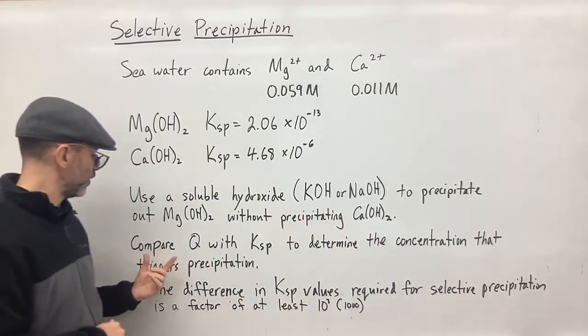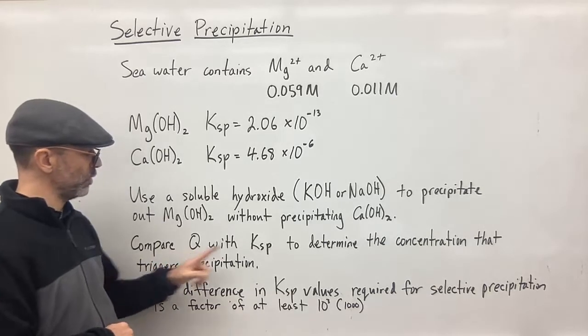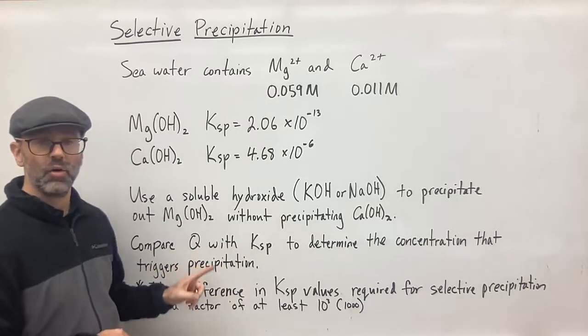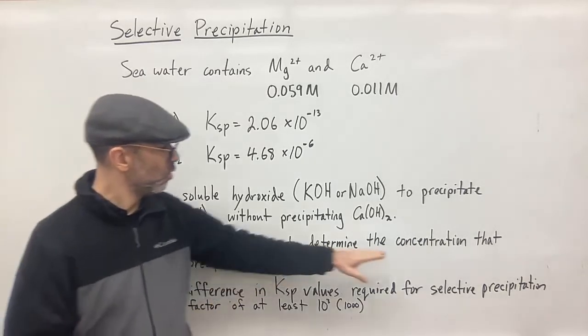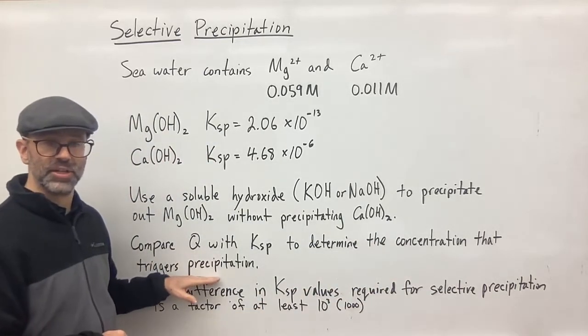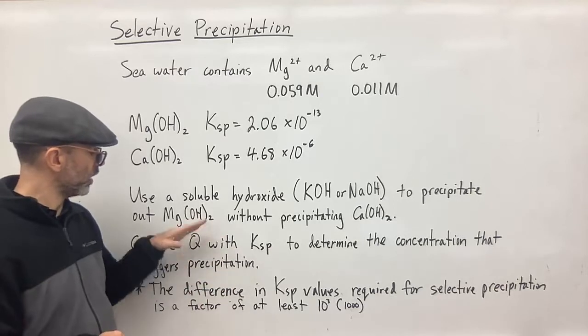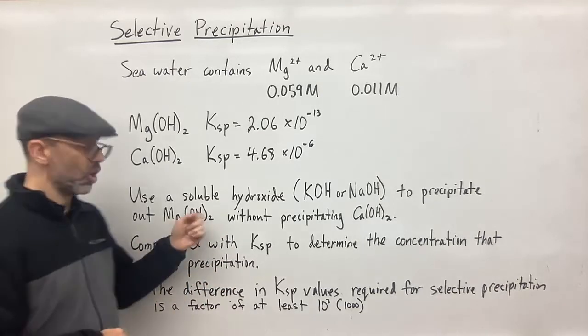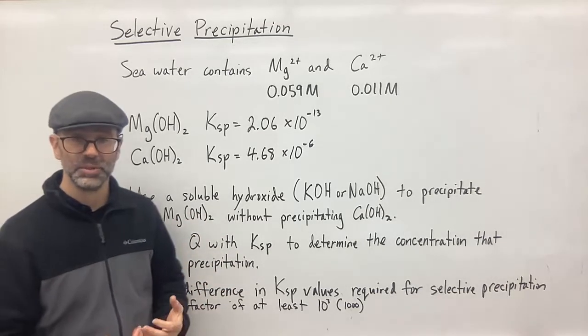And so what I want to do is compare the Q with the KSP in order to determine what the concentration is that's going to trigger the precipitation of one or the other. So that's how you do a selective precipitation.